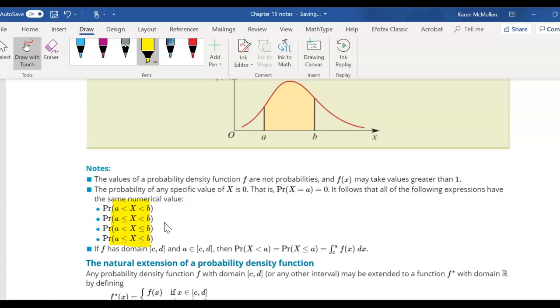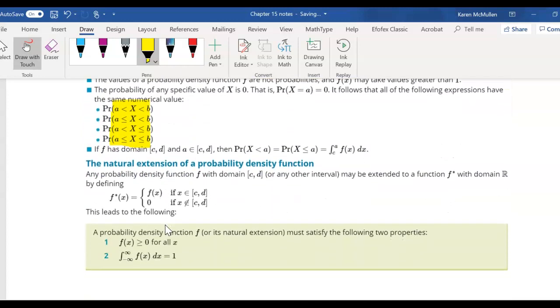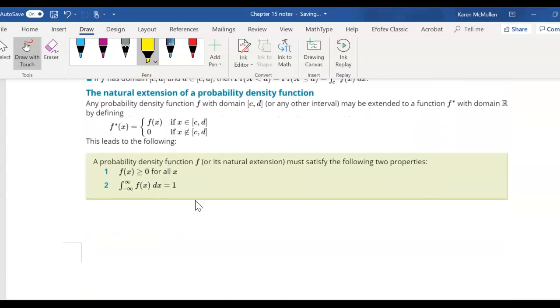Remember, if you wanted to do less than 7, then 7 wasn't included. But here, because it's continuous data, it doesn't matter with your lower limit and your upper limit and the inequality sign. All right, so that's that green box at the bottom, just summarizing what we've already said. So f of x is greater than 0, and your probabilities added together have to equal 1.